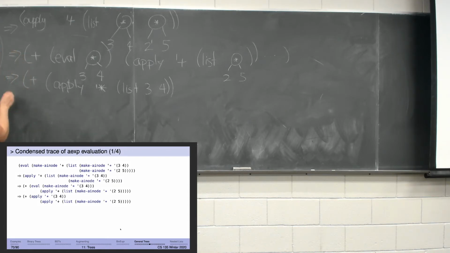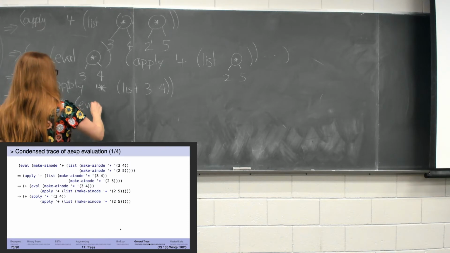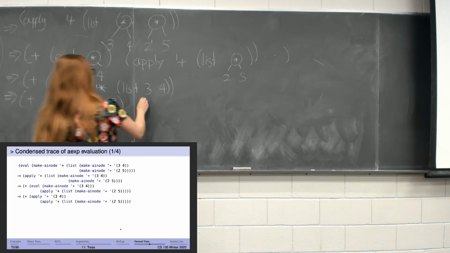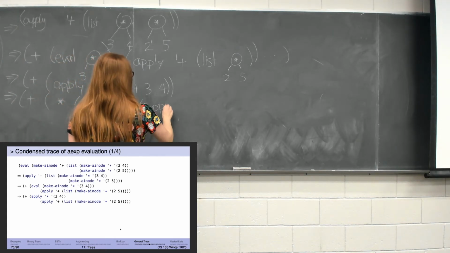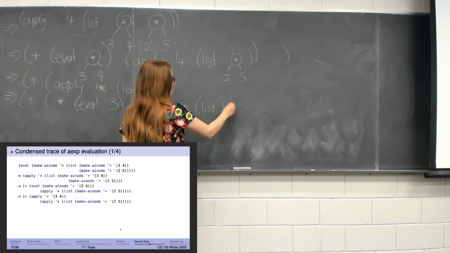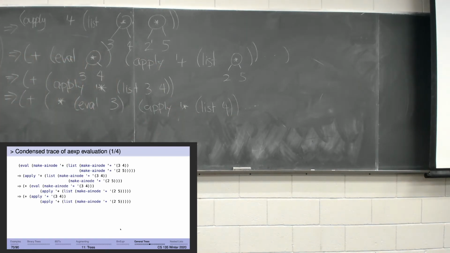And so that's going to turn into multiplying the results of calling eval on 3, which is the first child, and applying multiply to the next one, the rest of the children. And then if we keep doing this, when we call eval on 3, it just produces 3. Because it's a number, it's the base case, we stop.